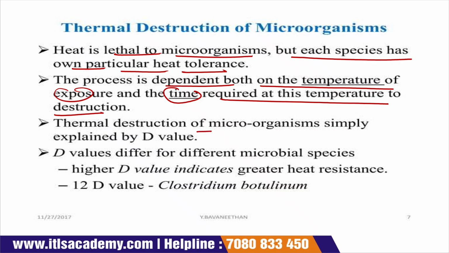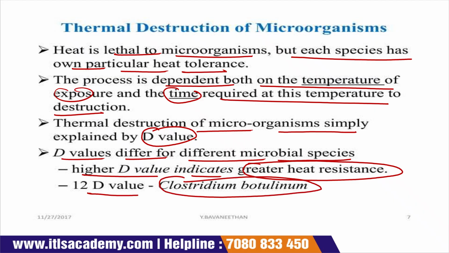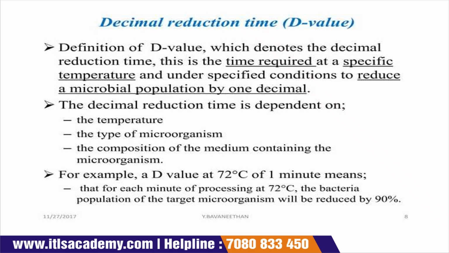Thermal destruction of microorganisms is simply explained by their D value. D value differs for different microbial species. If a D value is higher, it indicates greater heat resistance. A 12D value means that Clostridium botulinum is destroyed.